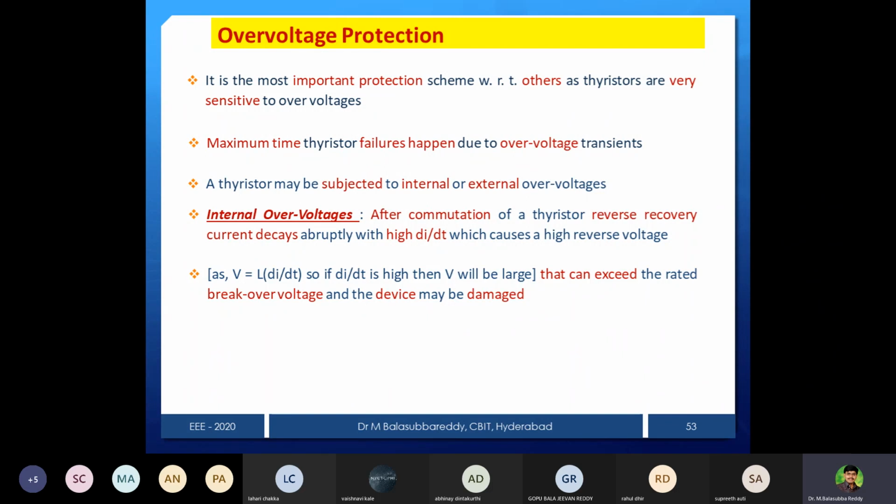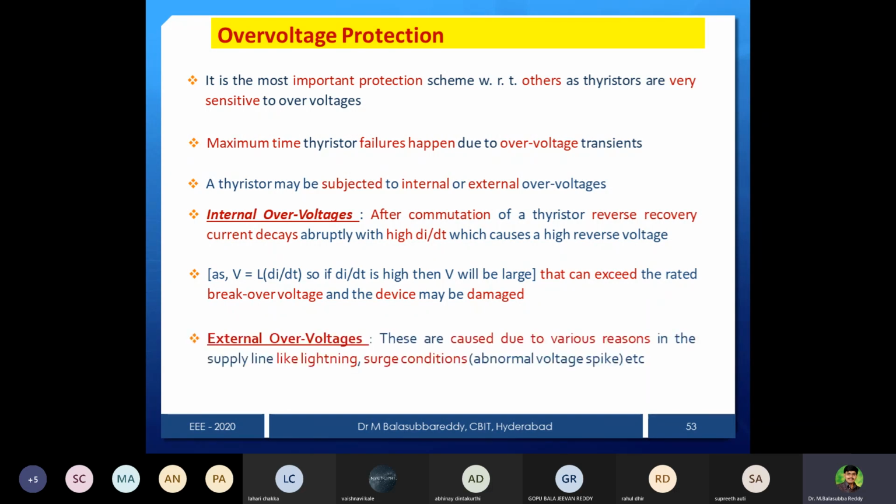But if the voltage across the device is beyond the breakover voltage, there is a chance the device breaks down, or conducts, or if it is beyond the breakover voltage VBO, it leads to damage of the device. That is the problem here. V is large, it can exceed VBO, and the device may be damaged. So that is the problem if internal over voltage happens.